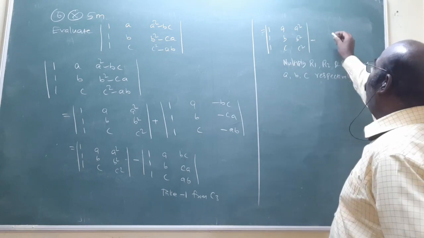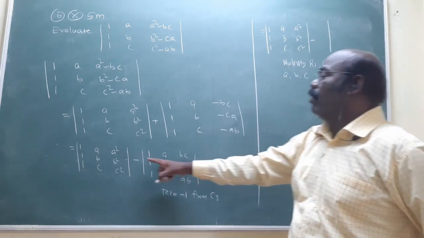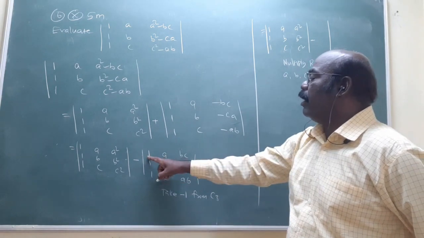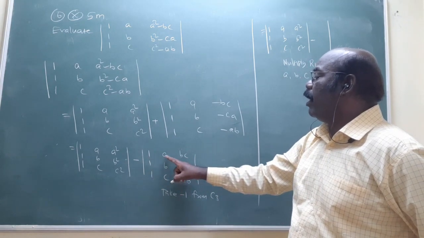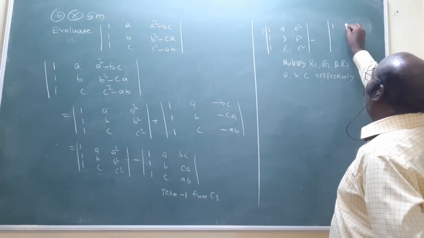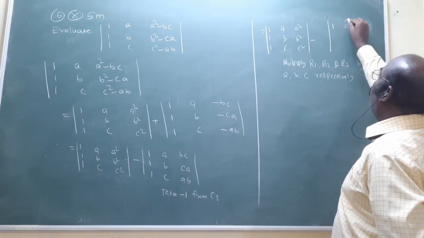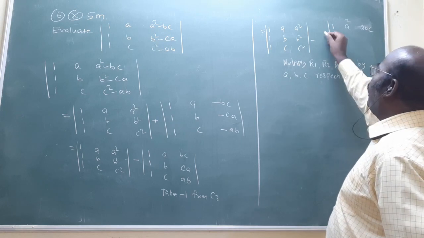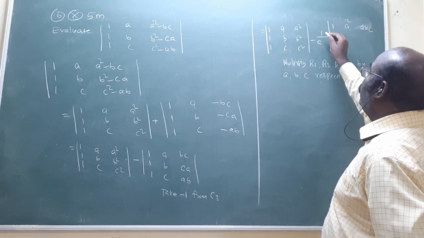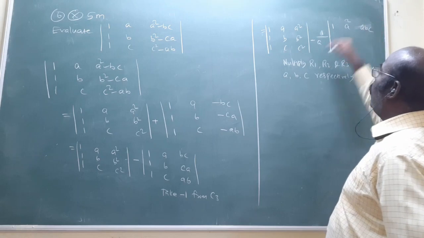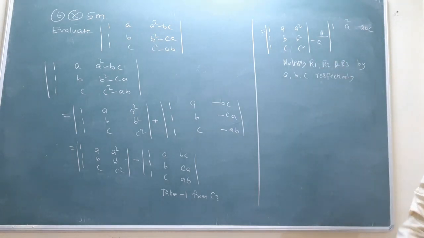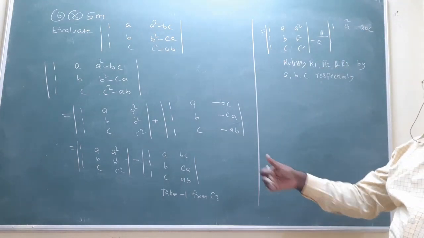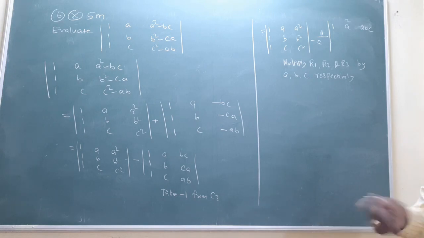That means in the first row you multiply by a. So 1 will be a, a square, abc. Automatically divide by a, that's important. If you multiply by a, divide by a. That is the rule, you know. Suppose you add, then subtract. Multiplication means division.